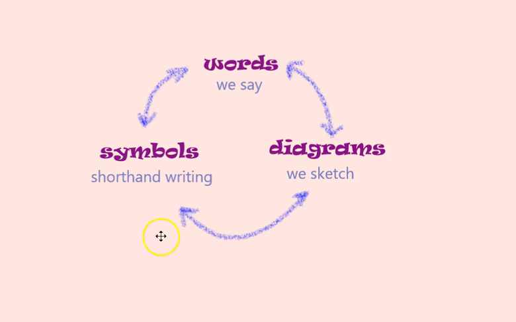If we are falling behind on recognizing symbols or reading diagrams, then we will end up with unnecessary complications in understanding what's going on. So let's prevent that from happening by studying how we can use symbols, words, and diagrams to understand what's in front of us.